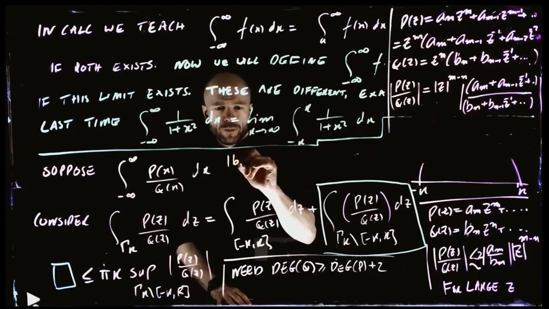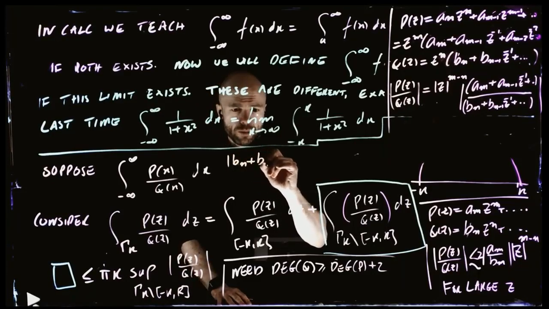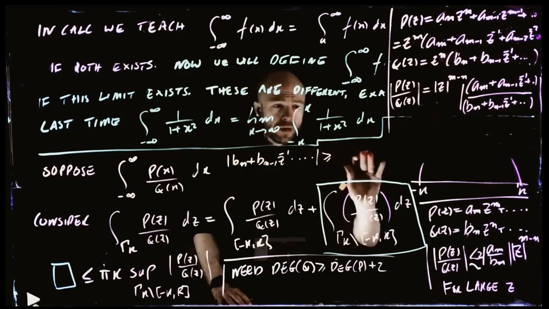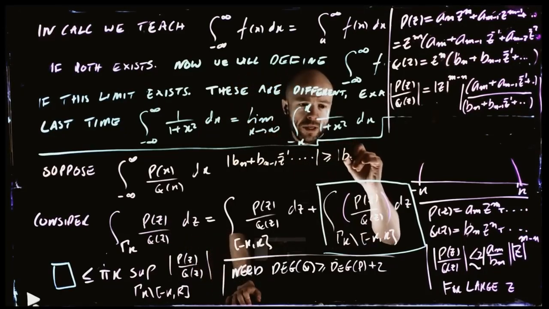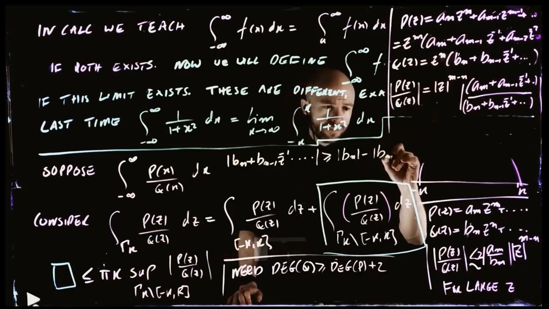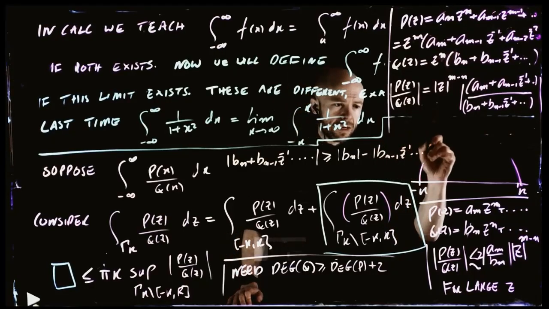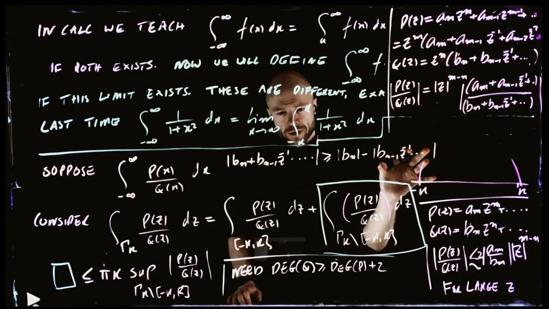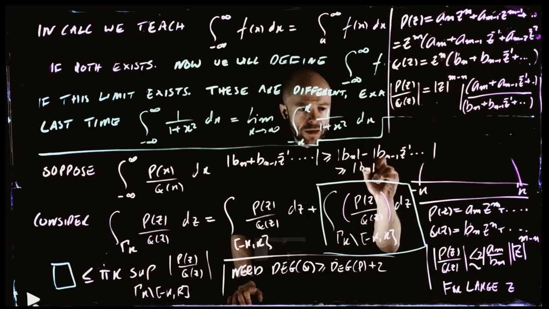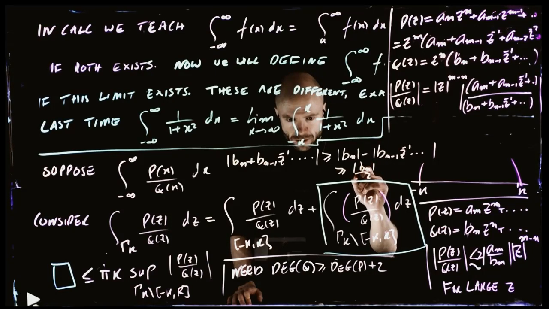The absolute value of b_n plus b_{n-1} z to the minus 1 and all these other guys, by the triangle inequality, is at least the absolute value of b_n minus the absolute value of all these other terms, and we can make this arbitrarily small as z gets big. So then this is bigger than or equal to the absolute value of b_n over 2. Yeah?